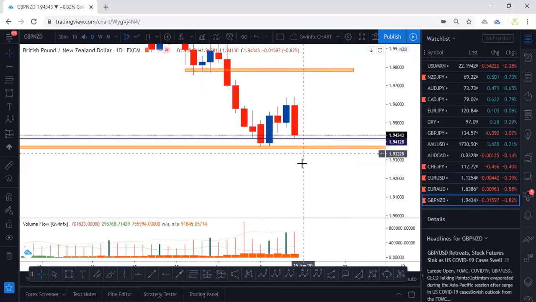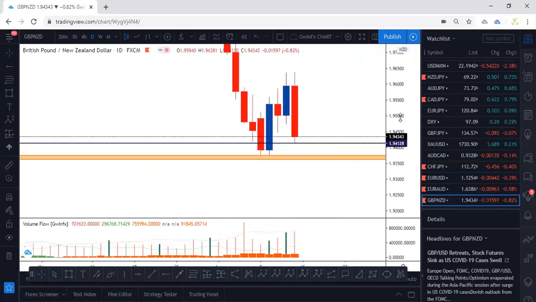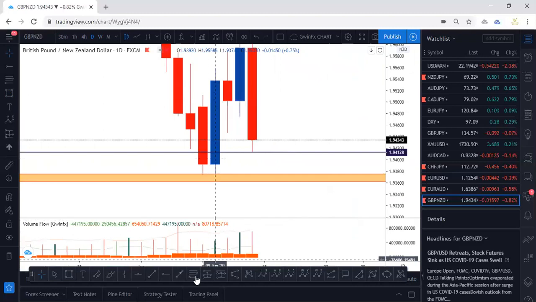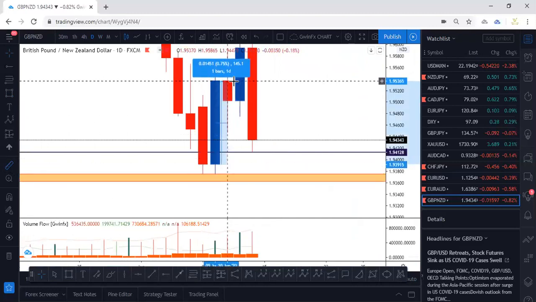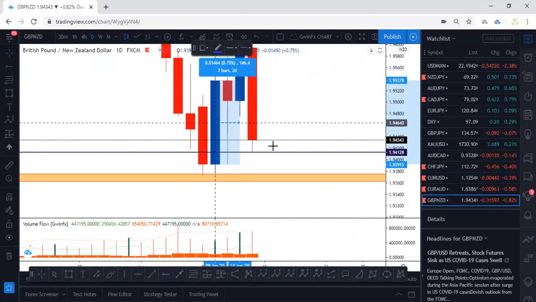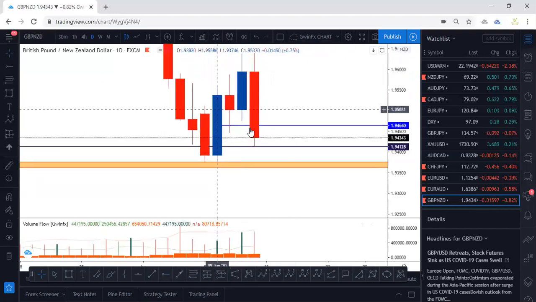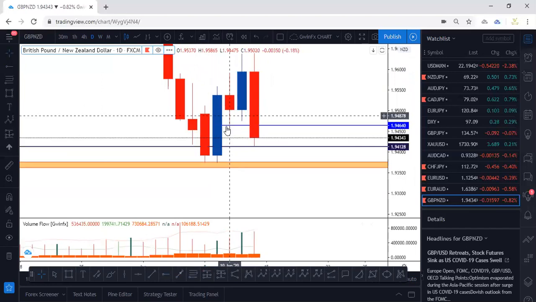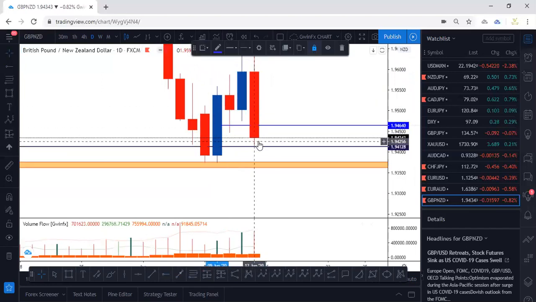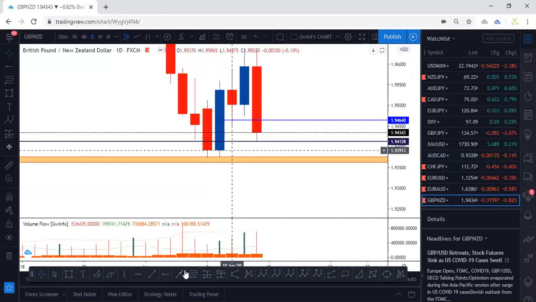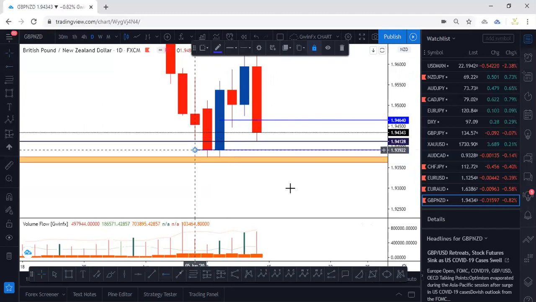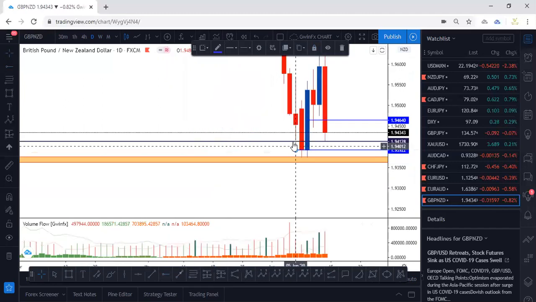So what I want to do is apply the half body strategy here, which is already in place. Price has started moving below. The market has moved below the body, so it could be on its way into testing this previous structure here.